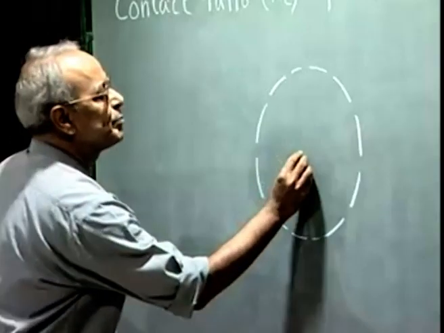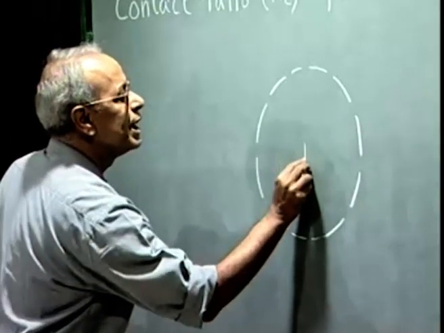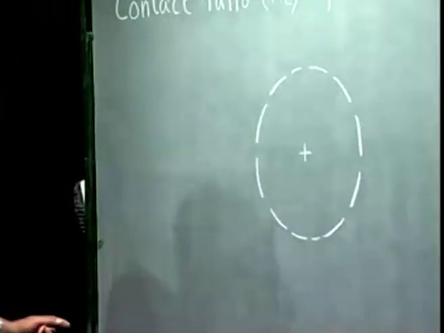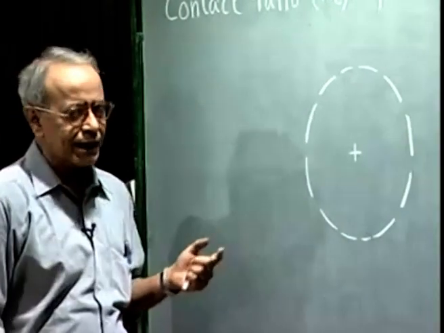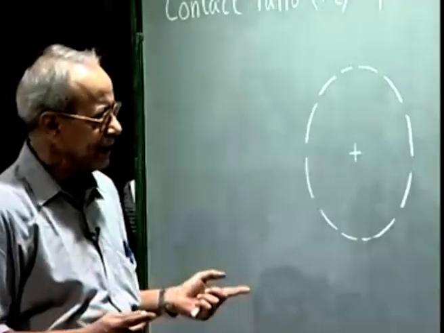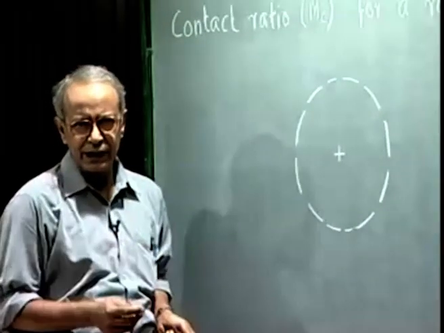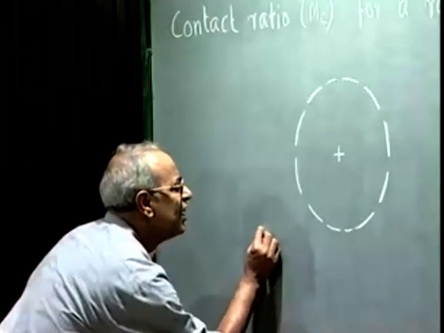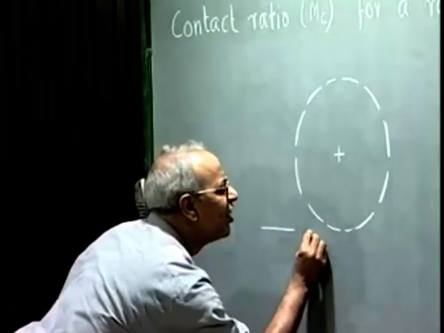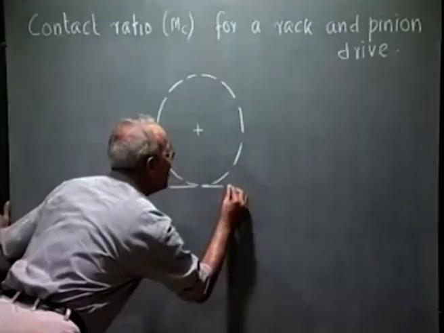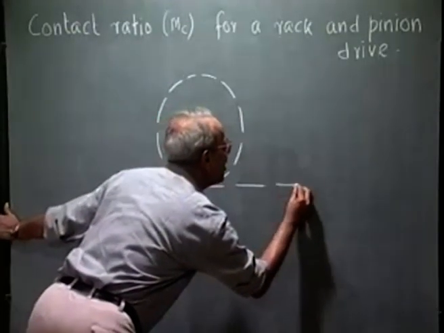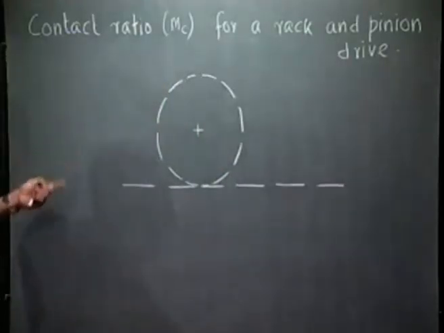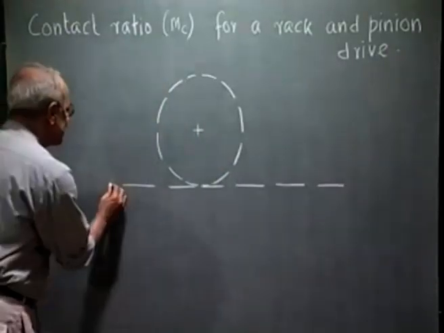Let us say this is the pitch circle of the pinion. For the rack, as we know, the pitch circle radius is infinity, that is, the pitch circle gets converted into a straight line. As in the case of a pair of gears, two pitch circles were touching each other.